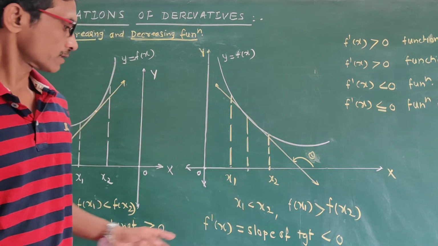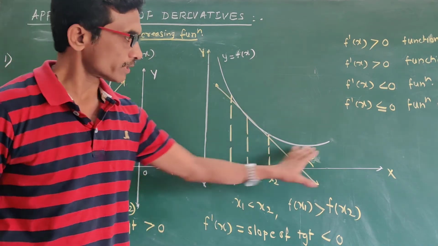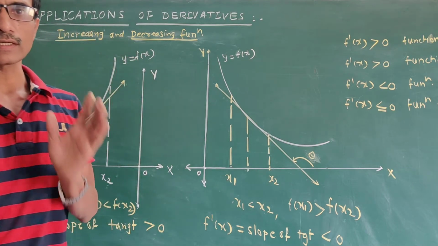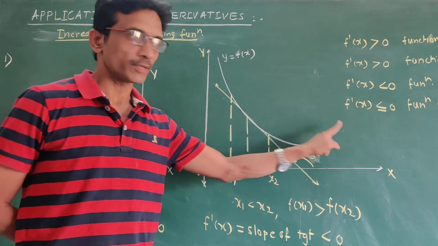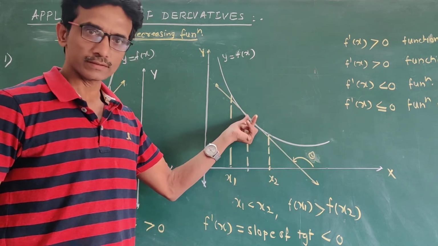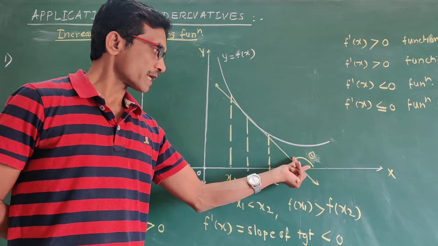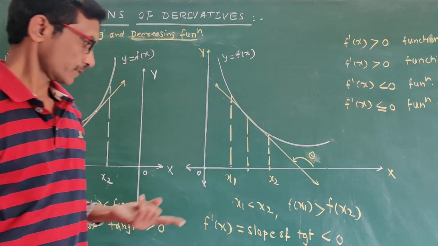That means it is the opposite. Now if we draw a tangent, this is a particular case, where we have considered a non-linear function. So we have drawn this graph, and the tangent to this curve at this point. Clearly this tangent is making an inclination theta which is an obtuse angle.